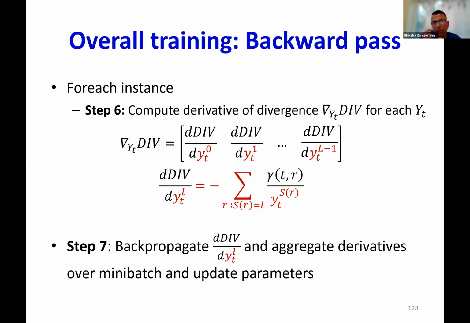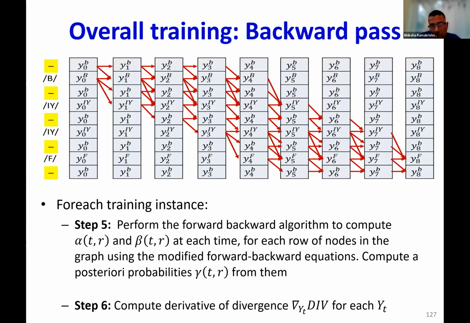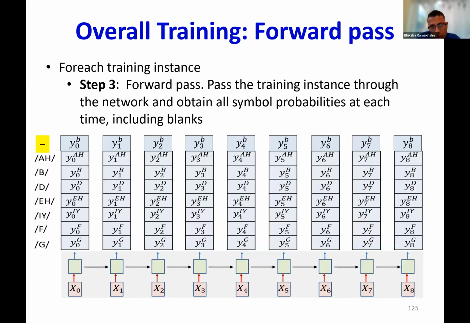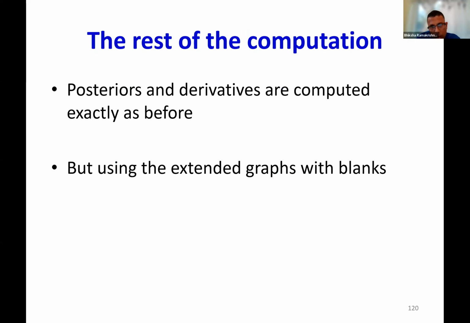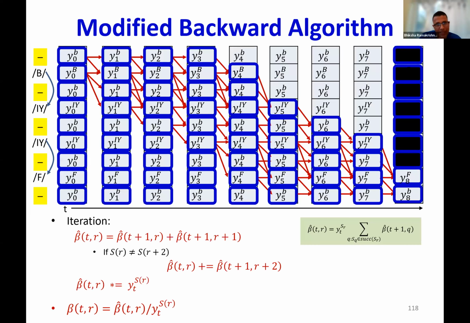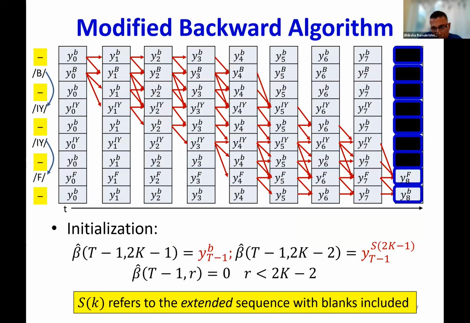Yes, Vibha? I had a question about the previous step, which was just the backward pass. Computationally, do you actually need to make multiple copies of the row with the blank? You don't. If you actually look at the slides, you can do this very efficiently just using pointers.